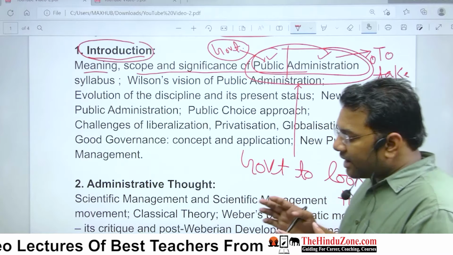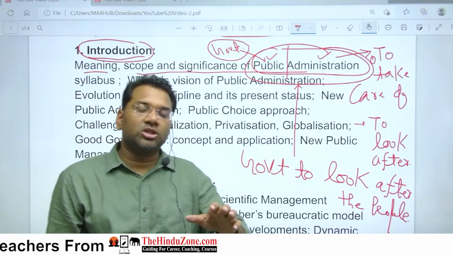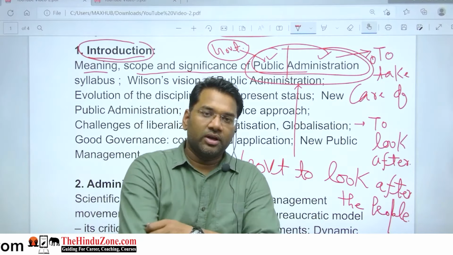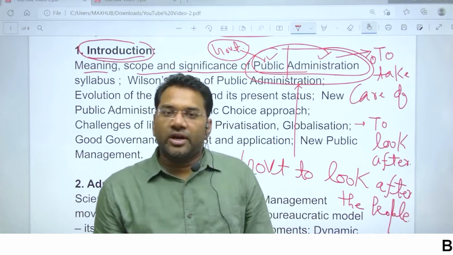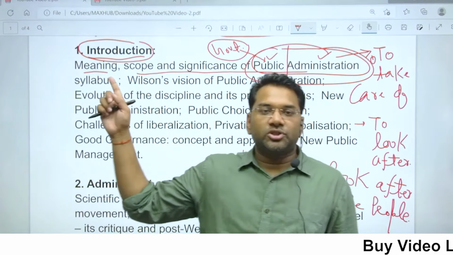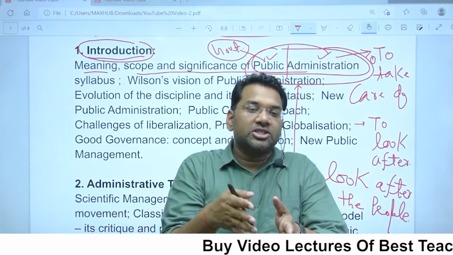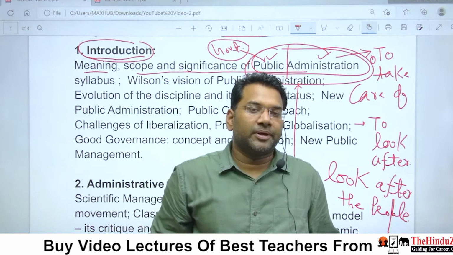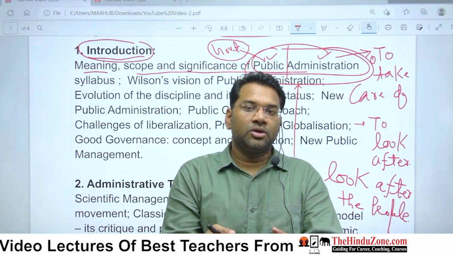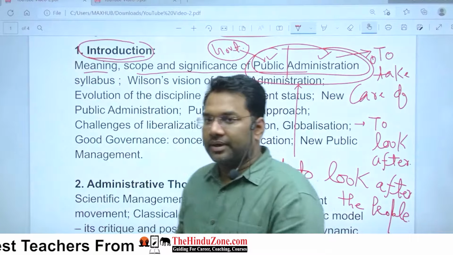Any authority will be looking after the people. This is what public administration stands for. We are studying a discipline which is working for the welfare of the people, to look after the people, to take care of the people.